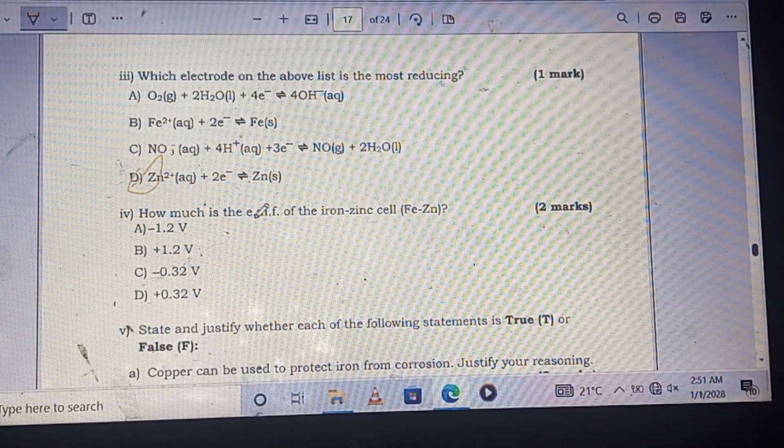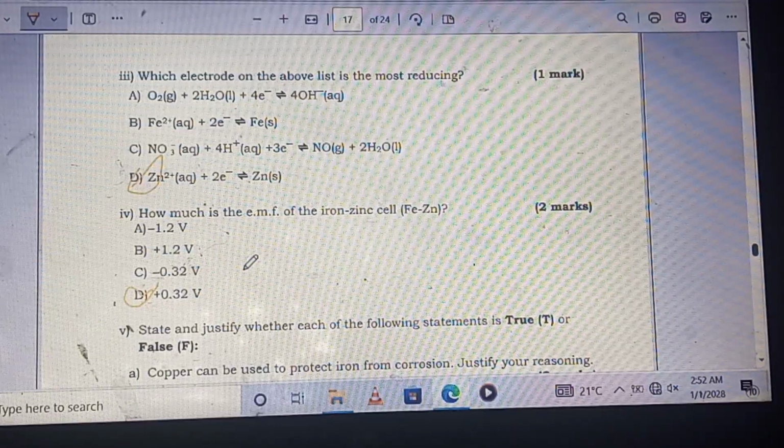How much is the EMF of iron zinc cell? The correct answer is letter D, 0.32 volt. For EMF, the formula is E cathode minus E anode.